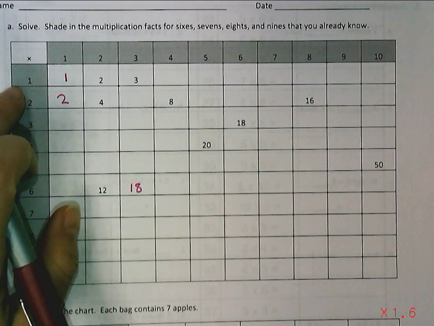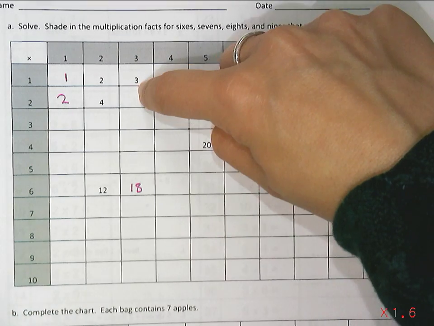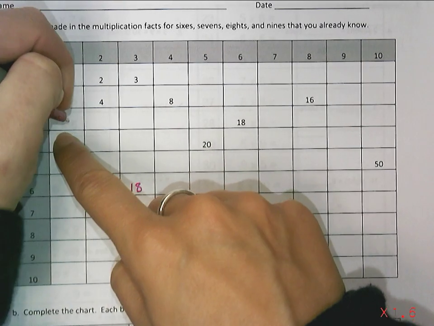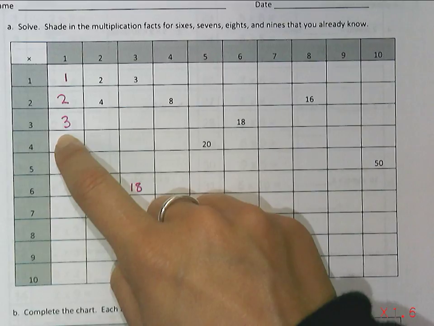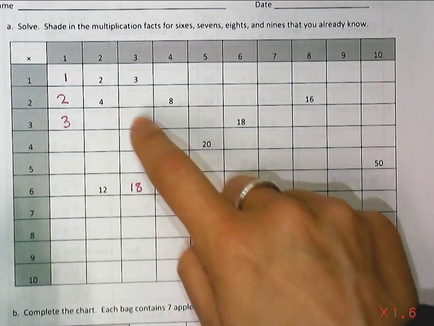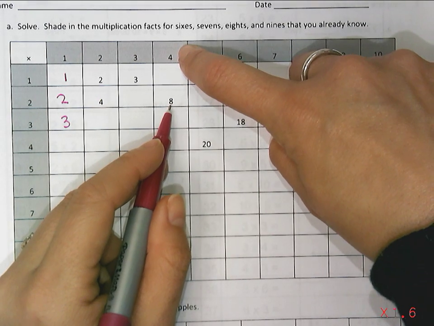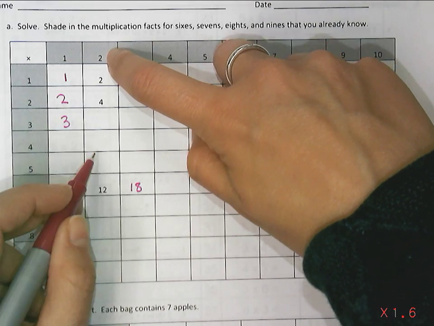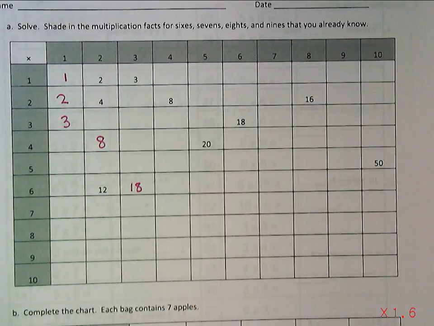If we know that 1 times 3 is 3, then we must know that 3 times 1 must also be 3. So we'll write our answer in right here. We also know 2 times 4 is 8, so we must know 4 times 2 is 8. We're using the commutative property to help us fill in these facts.